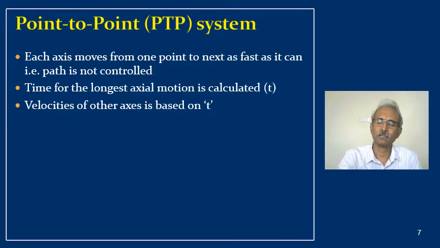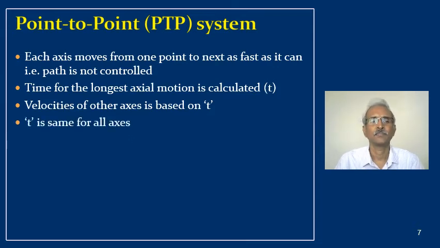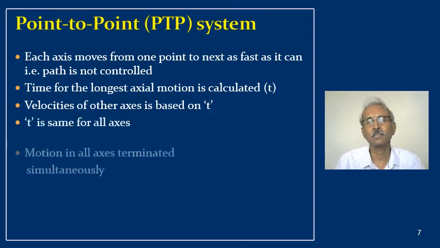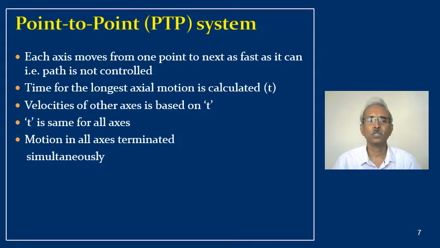This moves at a faster rate, whereas this moves at a very slow rate, because for that 10 degrees of movement, it should take 10 seconds. Right? So this is the basic idea here. The time taken for all the axes is the same. So depending upon the distance it has to move, it has to adjust the velocity. So t is the same for all axes. Motion in all axes terminates simultaneously.